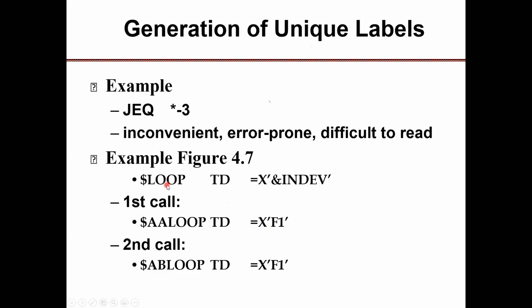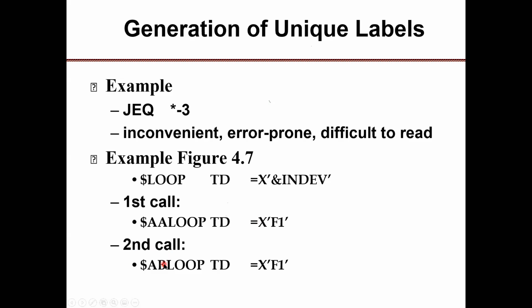And then if you called loop again with F1, the next time it would simply increment. It will keep track of how many times you've called loop, and it knows that it started with AA because that's the convention the macro processor will use for the times that the programmer wants it to uniquely label each instance of this macro invocation in this macro expansion.